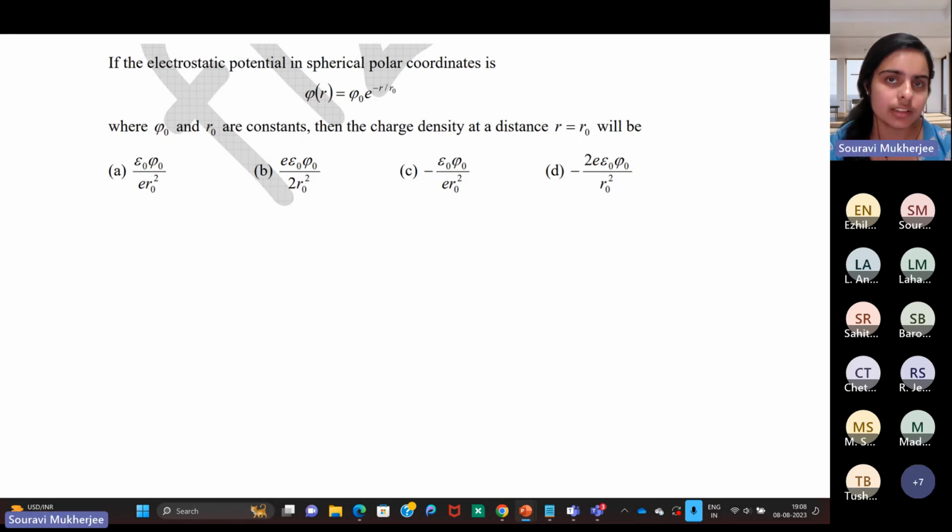It's given as del square phi equal to minus rho by epsilon naught. So this is your phi, that is your potential. Can you use the del square operator, then put r equal to r naught and tell me what the answer is? Here you have to use the del square operator in spherical polar coordinates.